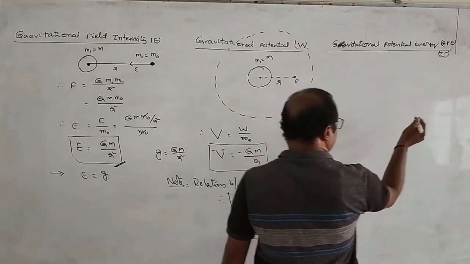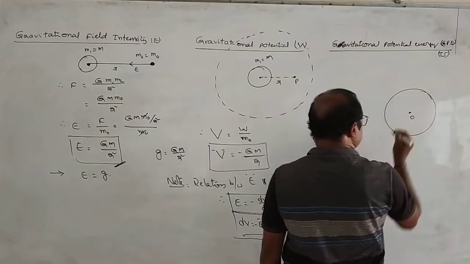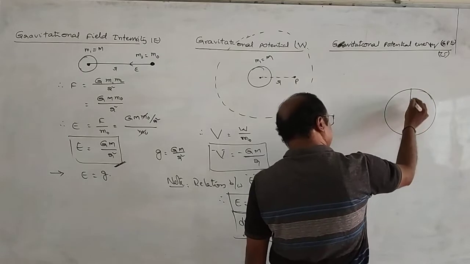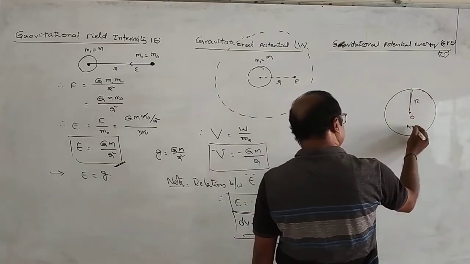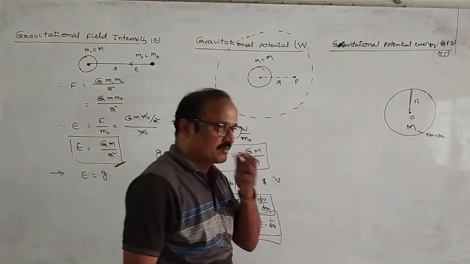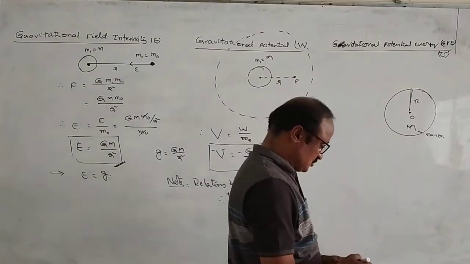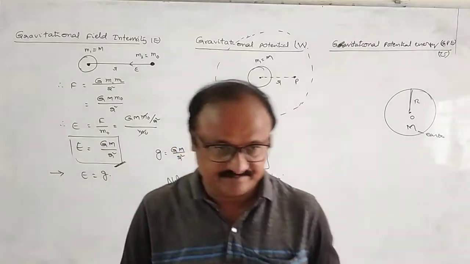Suppose here this is the center of Earth, the distance is R, the radius of the Earth is capital R, and the mass of the Earth is M. Mass of the Earth is equal to M. Next one.